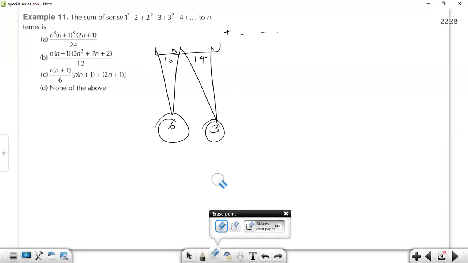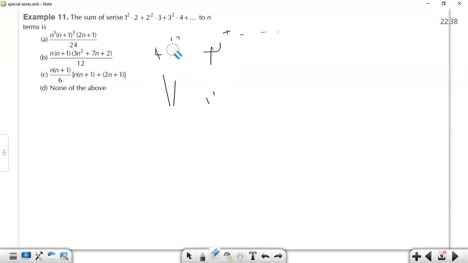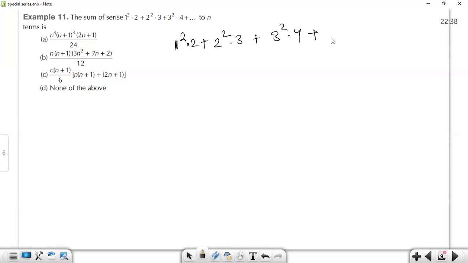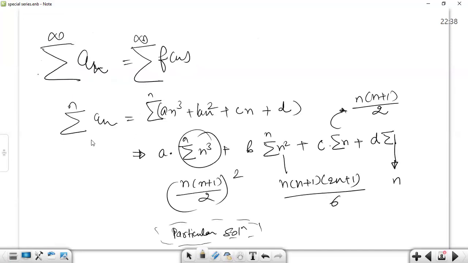Now, what we'll do, you observe the given sequence. This is 1 square into 2, plus 2 square into 3, plus 3 square into 4. What we were doing earlier, we had an objective to find its nth term so that we can apply the sigma operator.